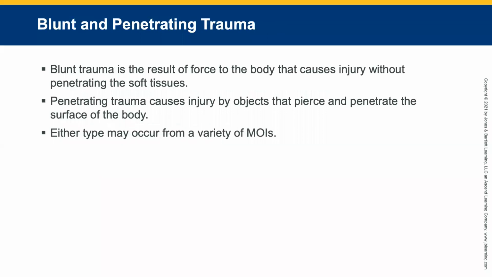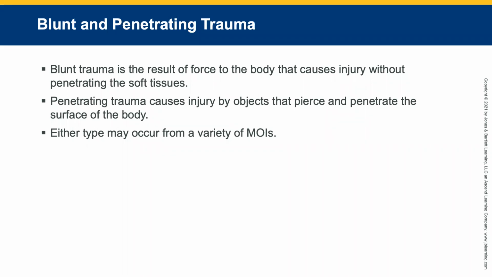Traumatic injuries can be divided into two separate categories: blunt trauma and penetrating trauma. Blunt trauma is the result of force to the body that causes injury without penetrating the soft tissue or internal organs and cavities. So that's like me taking a bat and hitting you in your stomach.